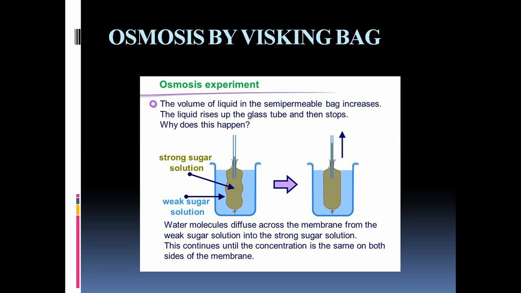It means there is a concentration gradient between the solution in the beaker and the solution present inside the whisking bag. This concentration difference allows osmosis of water into the whisking bag. So here also you can see the experiment of osmosis by whisking bag.